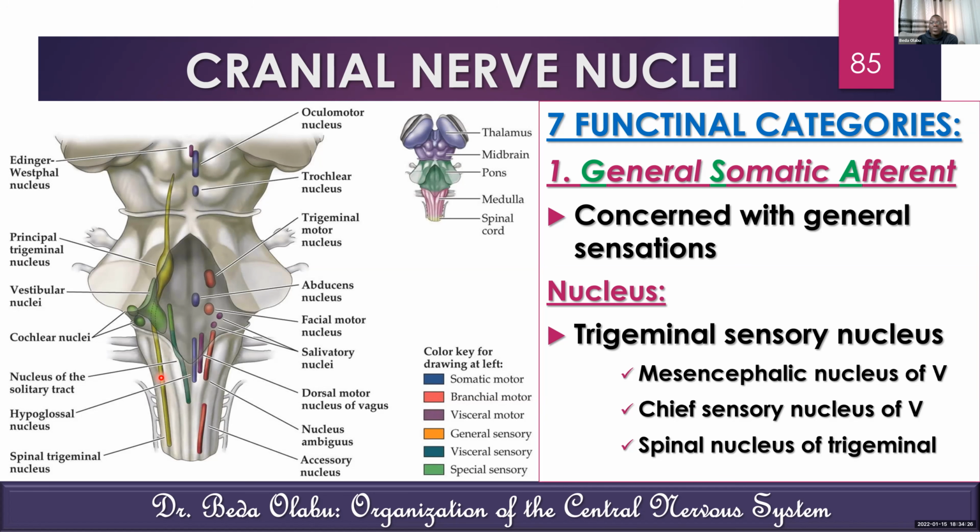Even if these neurons were carried through the glossopharyngeal nerve, as long as it is for general sensation from the head region, they'll synapse in any of these respective parts according to the function. So understand the trigeminal sensory nucleus is the only GSA nucleus on the brainstem. And so any nerve can terminate into it as long as it has a GSA function.